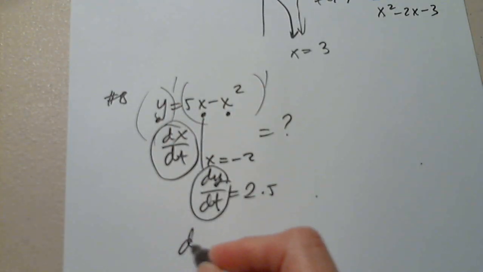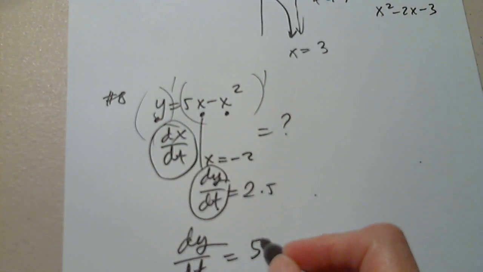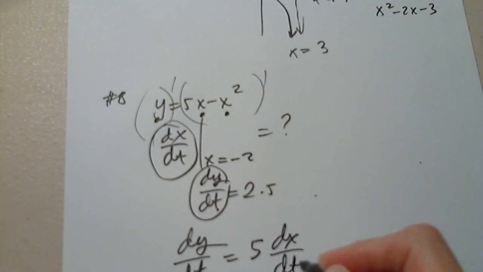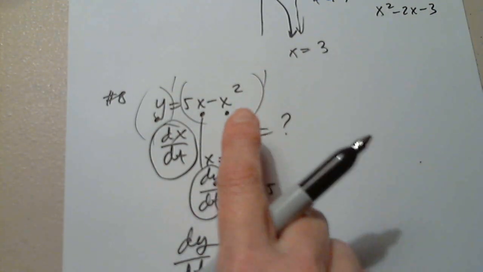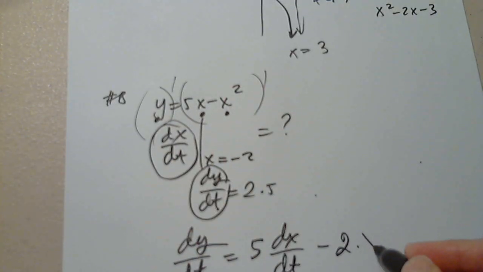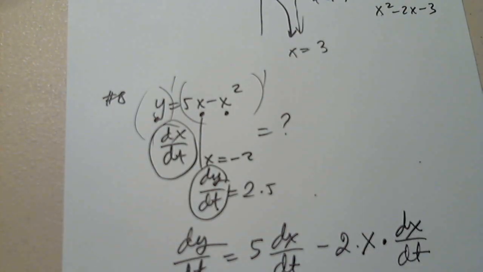So the left-hand side will be dy over dt, and the right-hand side will be 5 times dx over dt, minus, differentiating a function to a power, I bring down 2, multiply by the function to 2 minus 1, times the inner function prime.